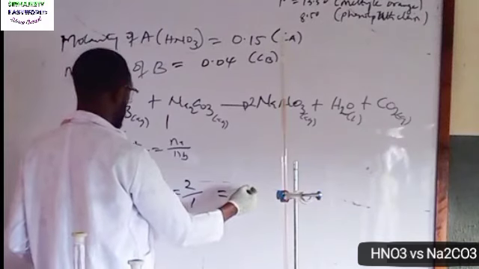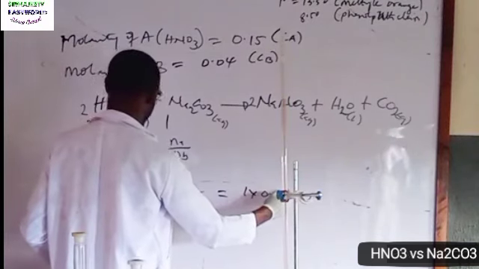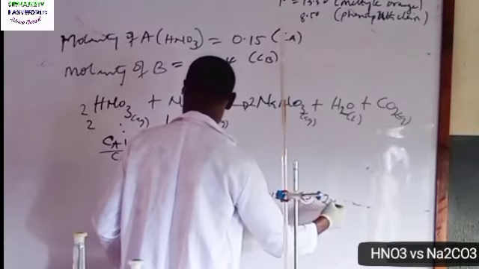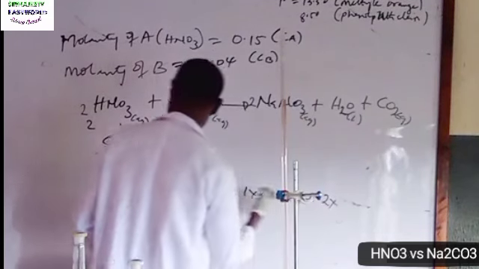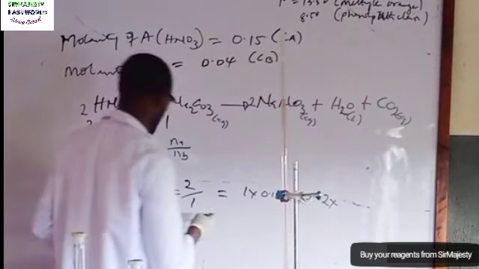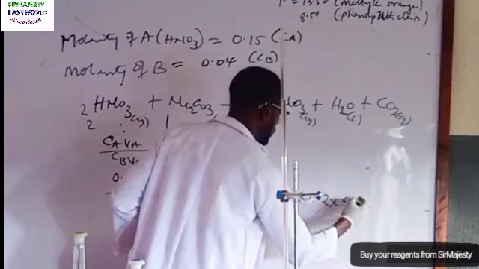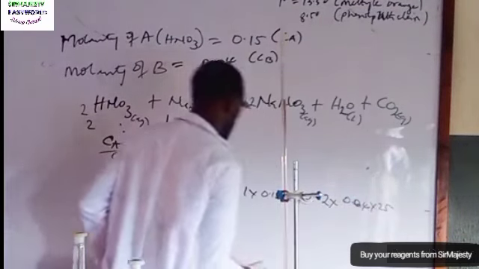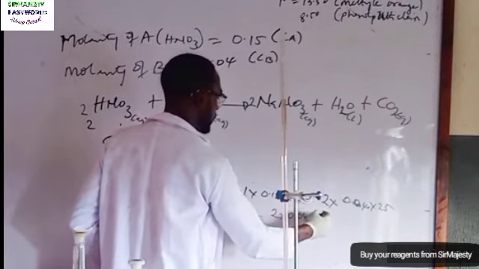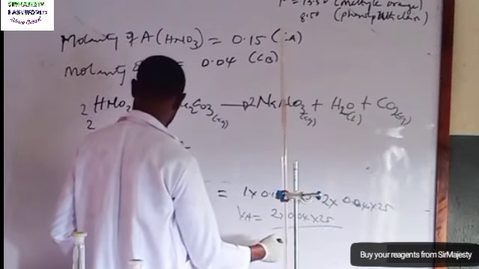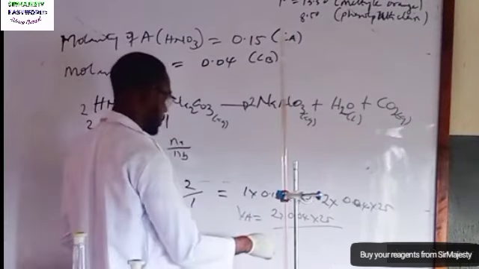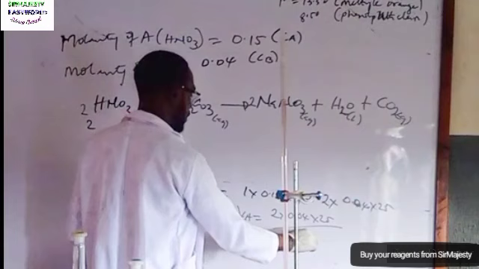If you cross multiply, you find that 1 times 0.15 times Va should be equal to 2 times Vb. Sorry, I did not include Vb here. Vb was the volume of the base, which is 25. So it's 2 times 0.04 times 25, such that Va alone is equal to 2 times 0.04 times 25 all over 0.15.